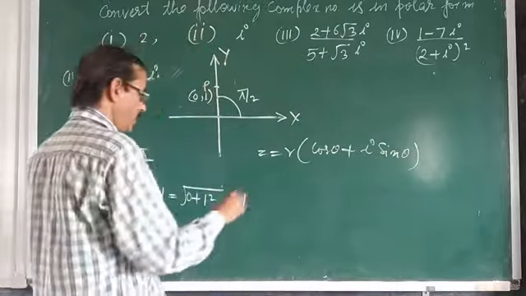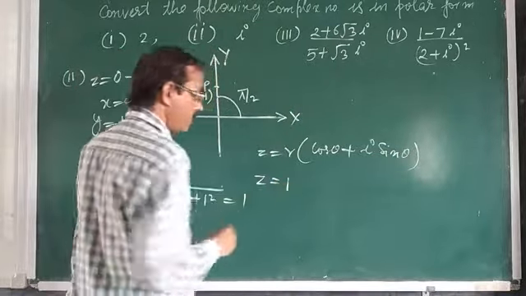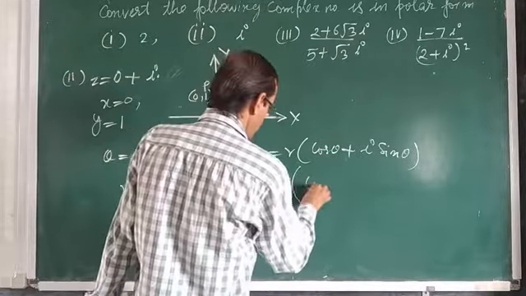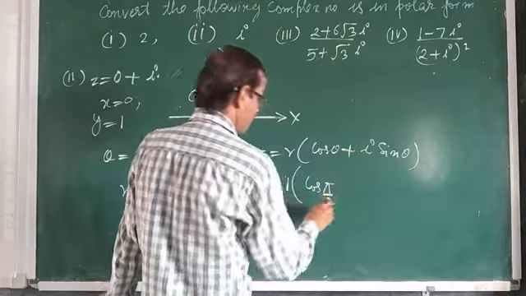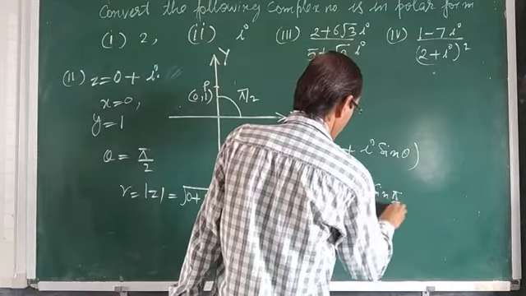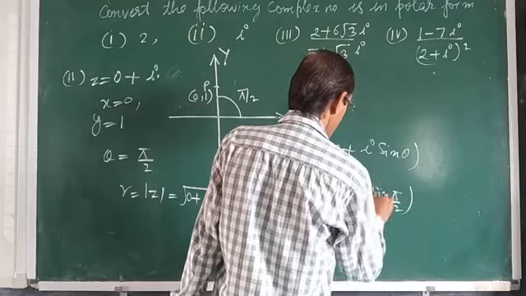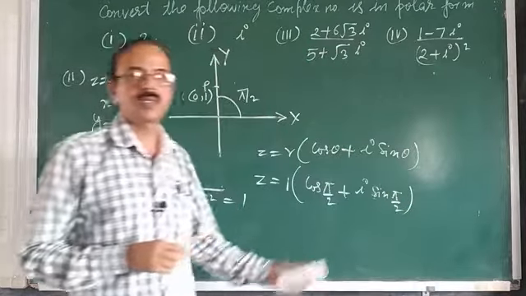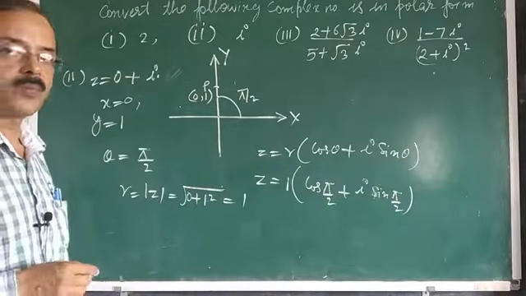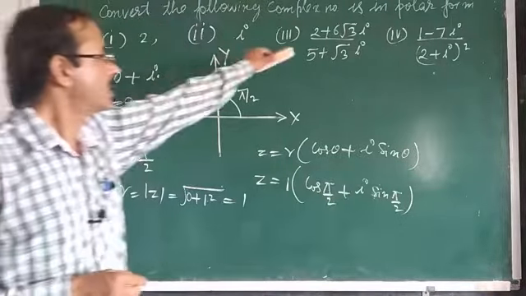Now what is the r value? 1. Theta value pi by 2: cos pi by 2 plus i sin pi by 2. Yes, so this is the answer in polar form. Now take the third.